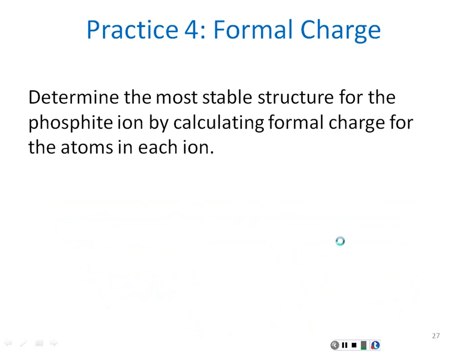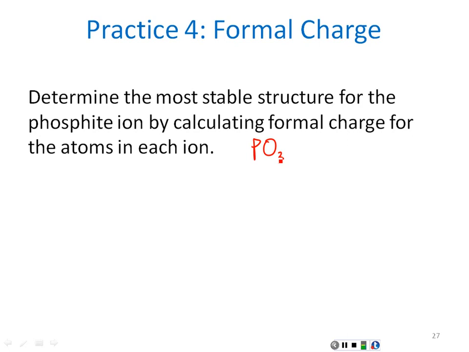So let's practice this. Let's determine the most stable structure for phosphite ion by calculating the formal charge for the atoms in each ion. So phosphite, if you don't know, is phosphorus with 3 oxygens.